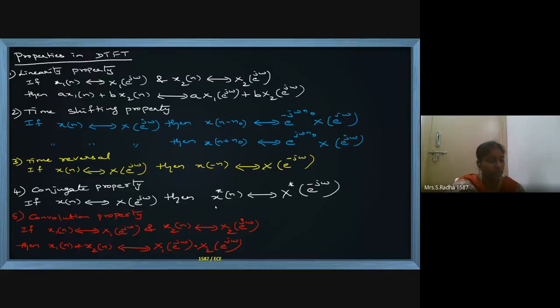Now I will go through a few problems based on the properties. Find the DTFT of del of n minus 3.